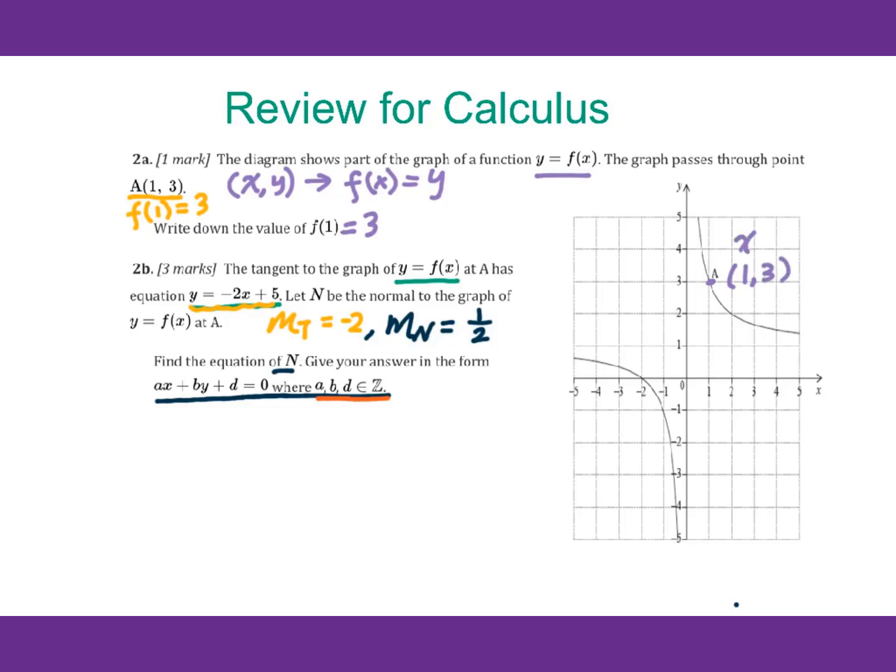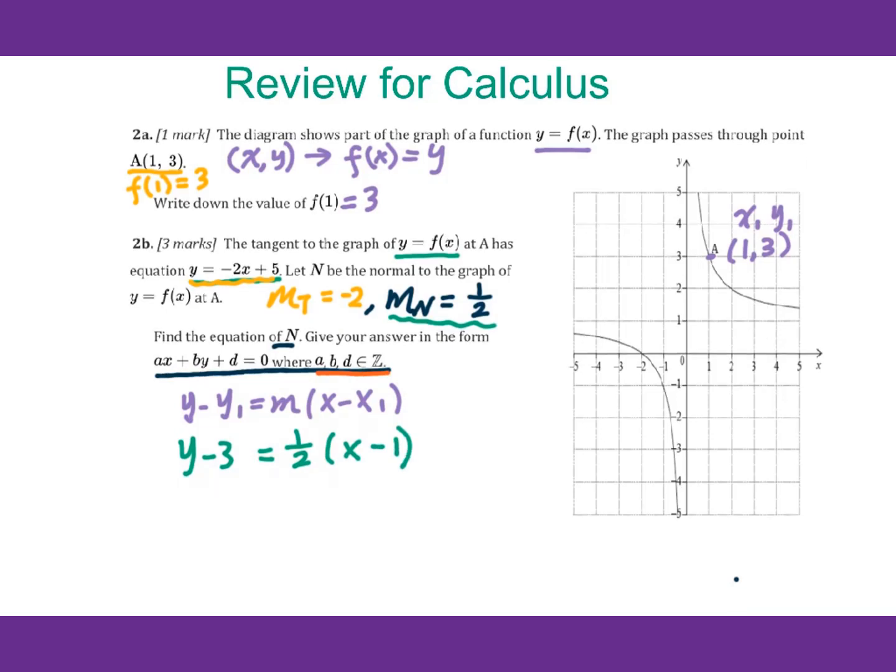That is your x1, y1. So using the formula y minus y1 equals slope times x minus x1, we will get y minus 3 equals the slope of the normal line, 1 over 2, times x minus 1.